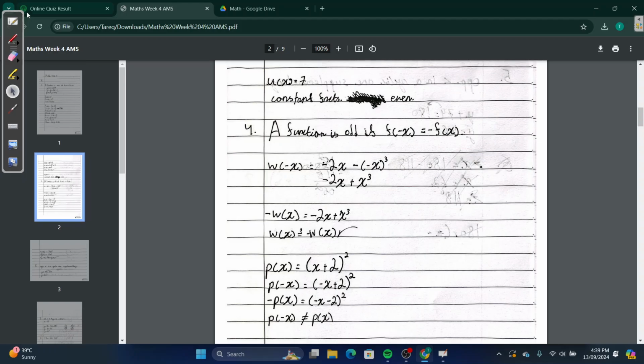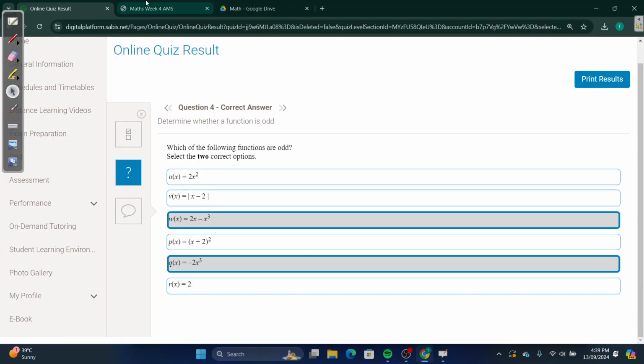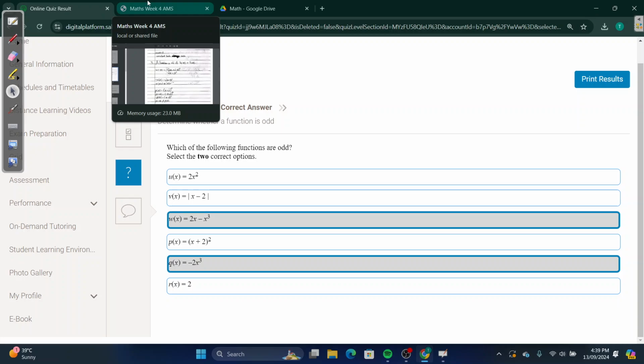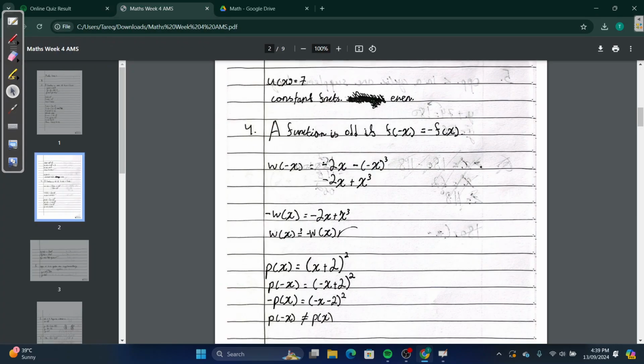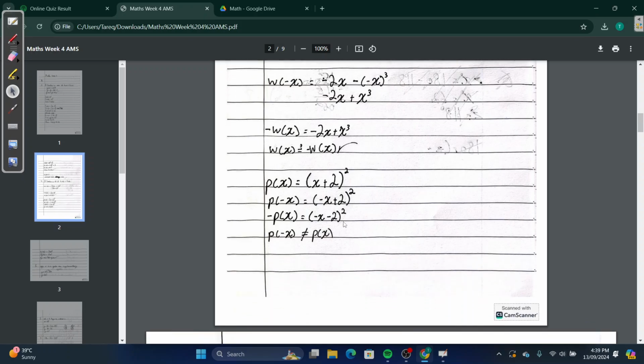Which, just to confirm, is not the same as the other one. And negative w of x is equal to negative 2x plus x cubed because again it's the inverse. So negative 2x plus x cubed is equal to negative 2x plus x cubed. So this is an odd function.